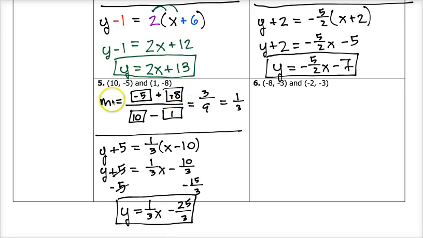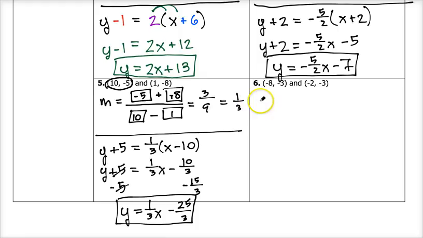We pick one of our points. I chose 10, -5, plug that into point slope form. And if you distribute your 1/3 to -10, you get a -10/3. Subtracting 5 from both sides, well, -10/3 minus 5 is -25/3. So you get y equals 1/3 x minus 25/3. The same would work if you chose the point 1, -8 as well.